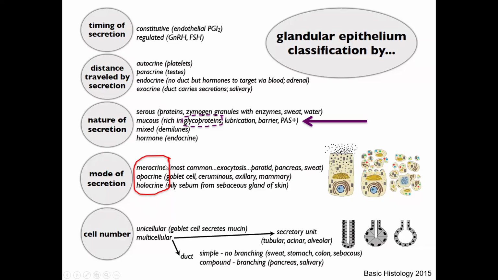Another important thing is the mode of secretion. The merocrine secretion is the most common one. It's typical exocytosis, when a vesicle filled with the secretory product comes next to the plasma membrane. The membrane of the vesicle fuses with the plasma membrane and releases the secretion into the extracellular space.